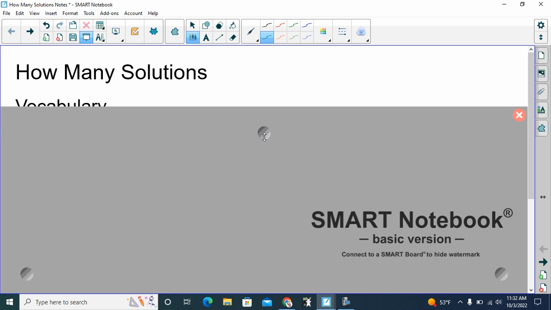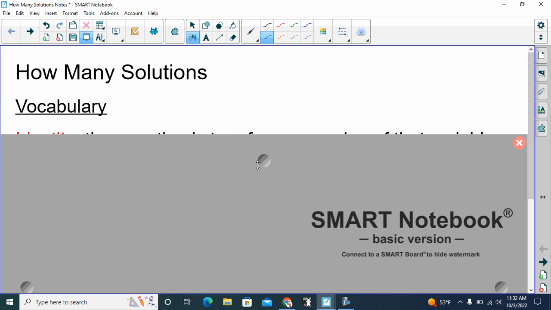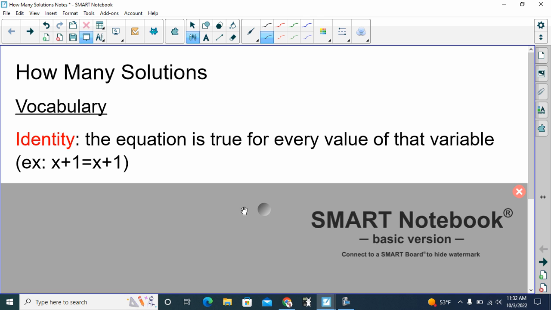We are going to start with a couple vocabulary terms, the first of which is an identity. An identity means that the equation is true for every value of that variable. So notice the example that is given, x plus 1 equals x plus 1.